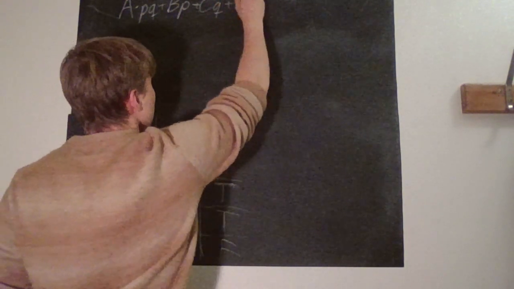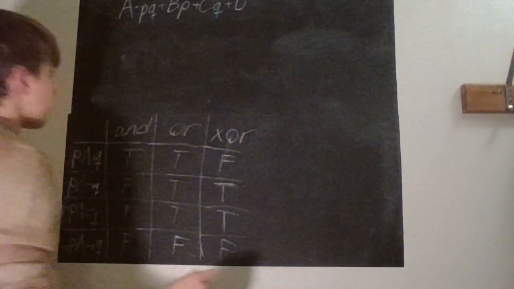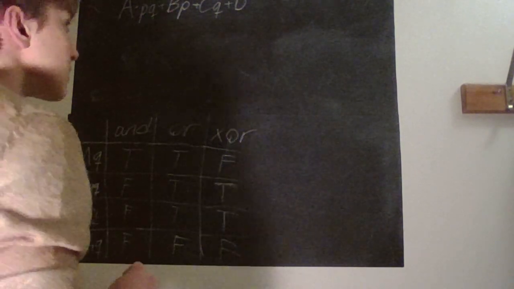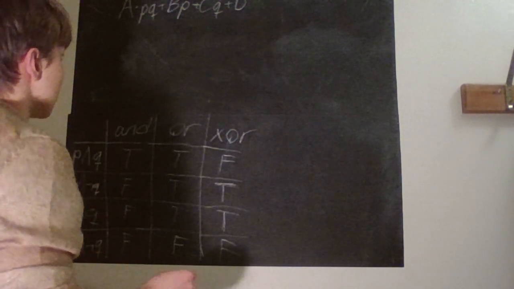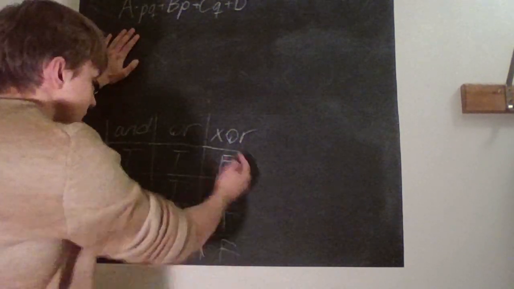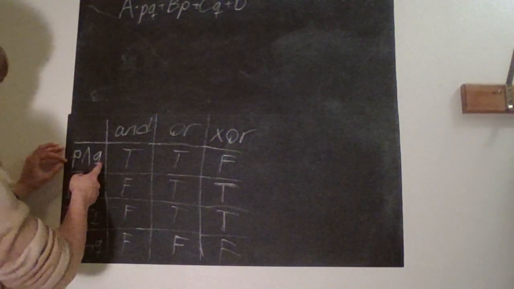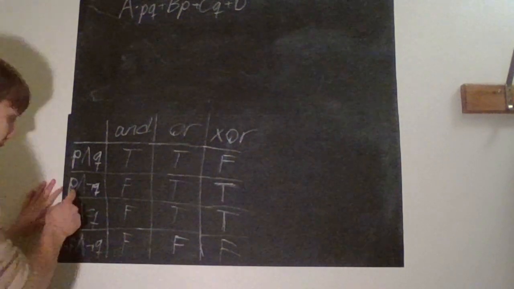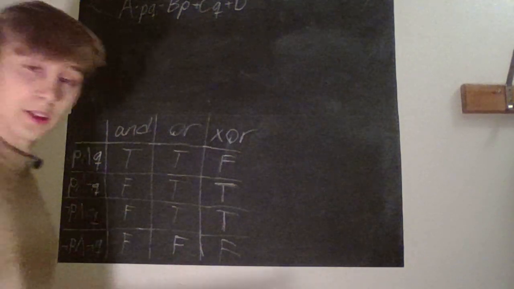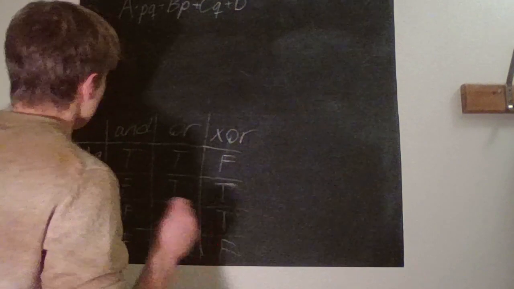And then we just add a constant because we might need it for some specific functions. So we have this function, and we know what we should get when we plug in p is 1 and q is 1, and what we should get when we plug in p is 1 and q is 0, and so forth. So what we get is a system of equations which we can change into a matrix.